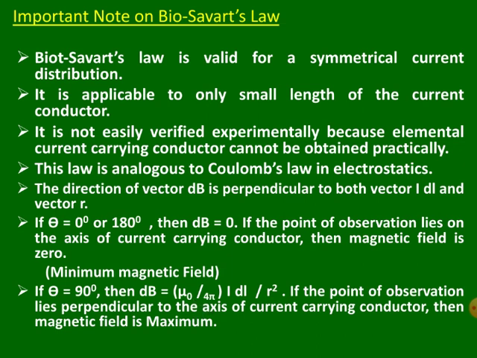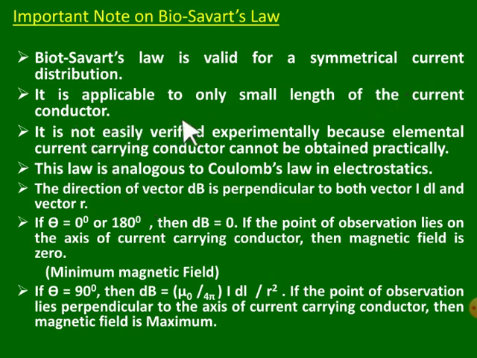Now let's see some important points on Biot-Savart's law. I'm sorry, there is one T missing here. It should be Biot, B-I-O-T. Biot-Savart's law, these are the names of the two scientists. Biot-Savart's law is valid for a symmetrical current distribution. It is valid only for that.